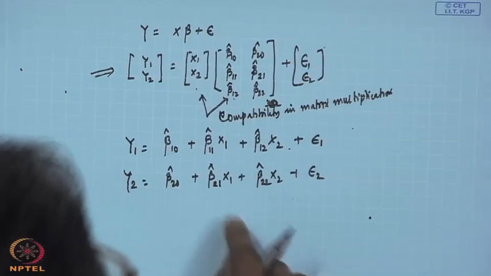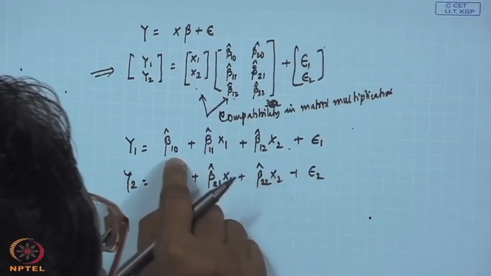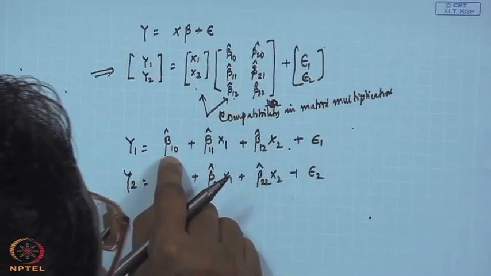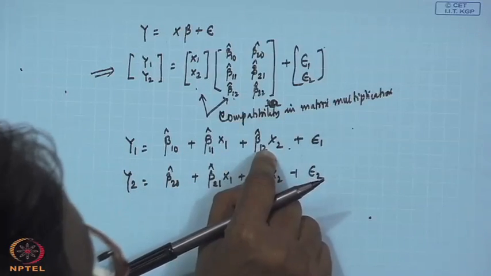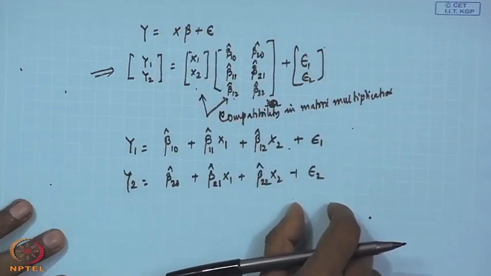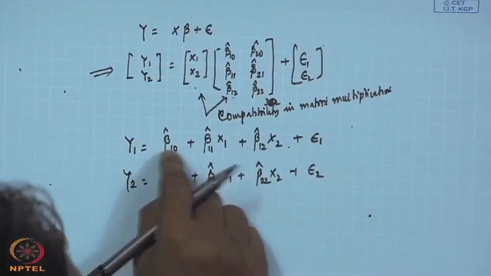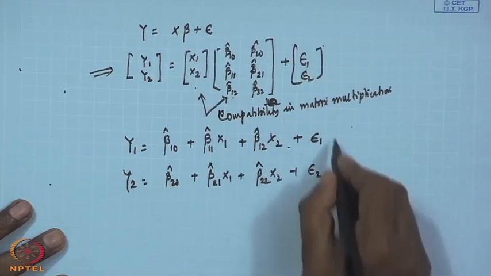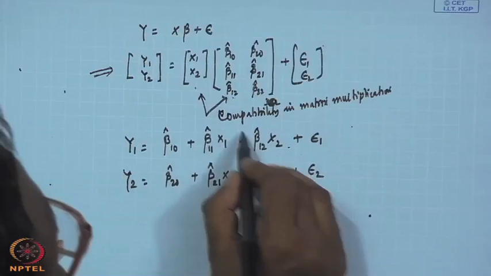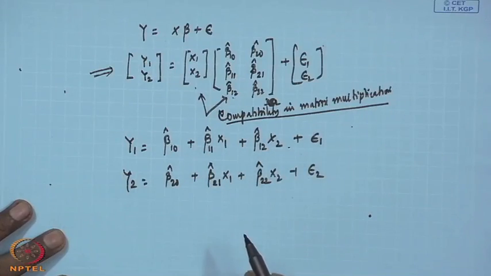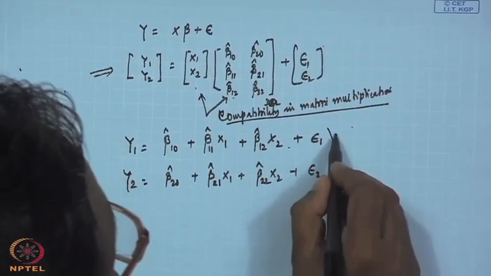So, if you write like this, beta row wise and then x1 and x2, this into this plus this into this, that way you get it. Here I told you that matrix compatibility is required, but this is the resultant equation.